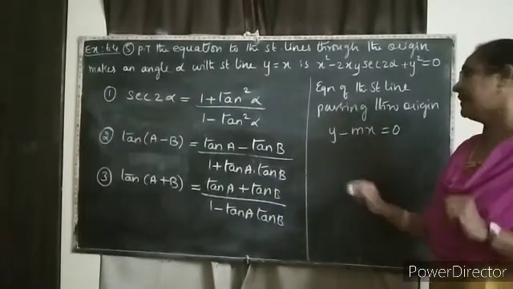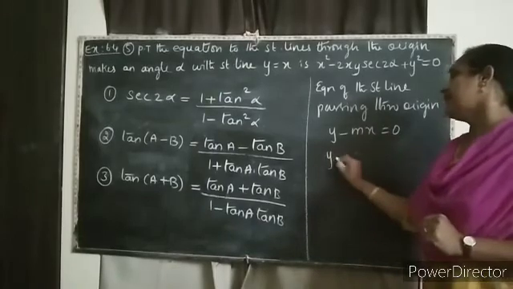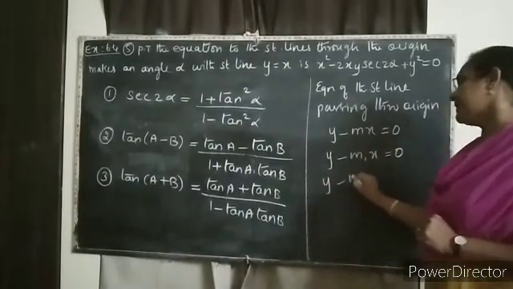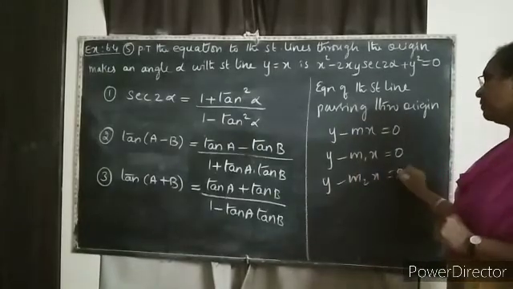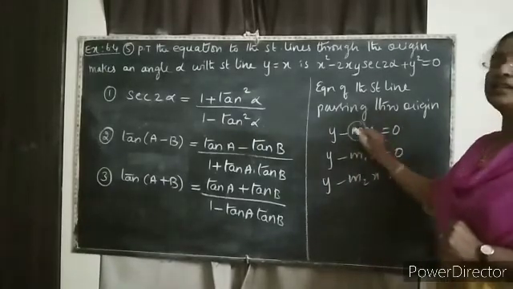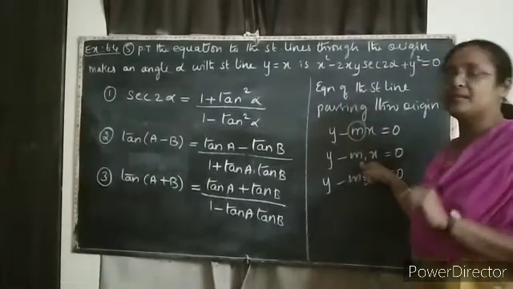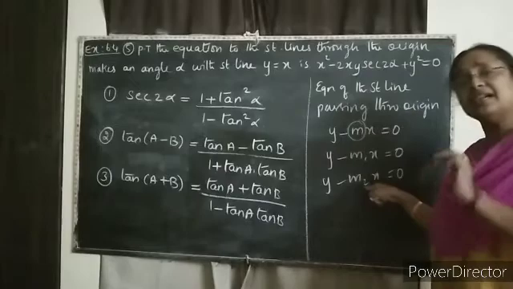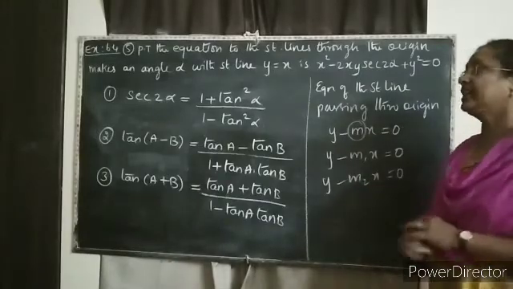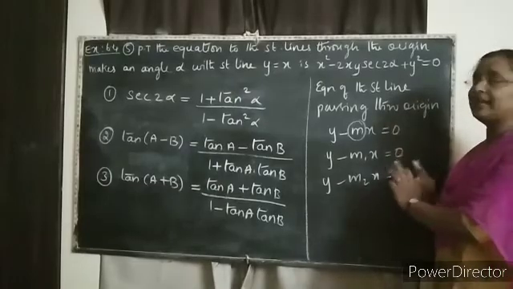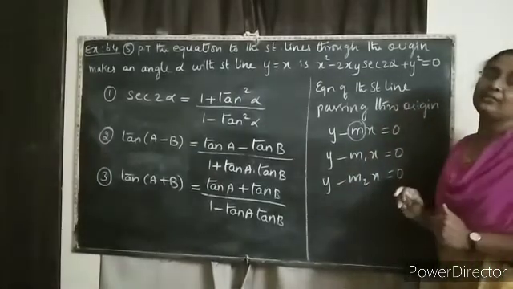If we have two straight lines, we can segregate this as y minus m1x equal to 0 and y minus m2x equal to 0. As you know, this m stands for the slope of the straight line. m1 stands for one of the slopes and m2 is the other slope. So these many concepts you have to memorize. Please note it down and keep it in order to prove this result.